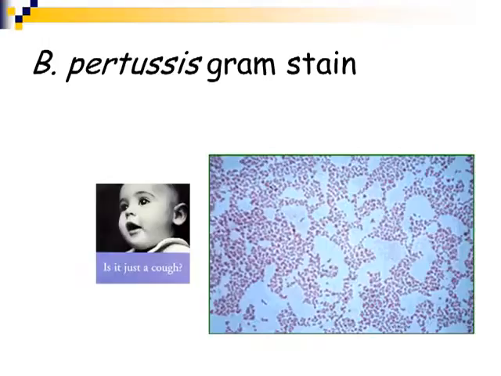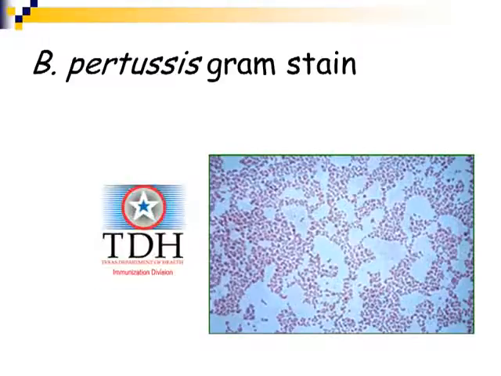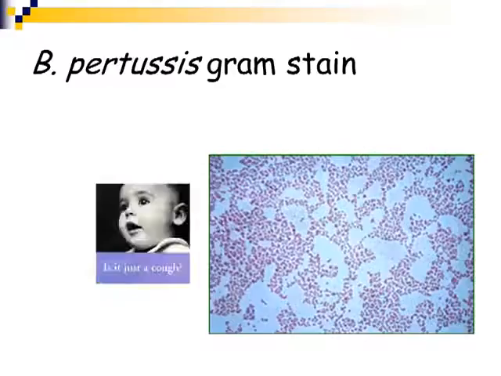So here's a gram stain of Bordetella pertussis, and as I've said before, with your gram-negative rods, it's very difficult to tell one from the other just by looking at a gram stain. I mean, you can tell that it's a bacillus, a teeny, teeny, tiny rod, so that might allow you to narrow down and think about your small bacilli as opposed to your big, huge rods like a Bacillus species.